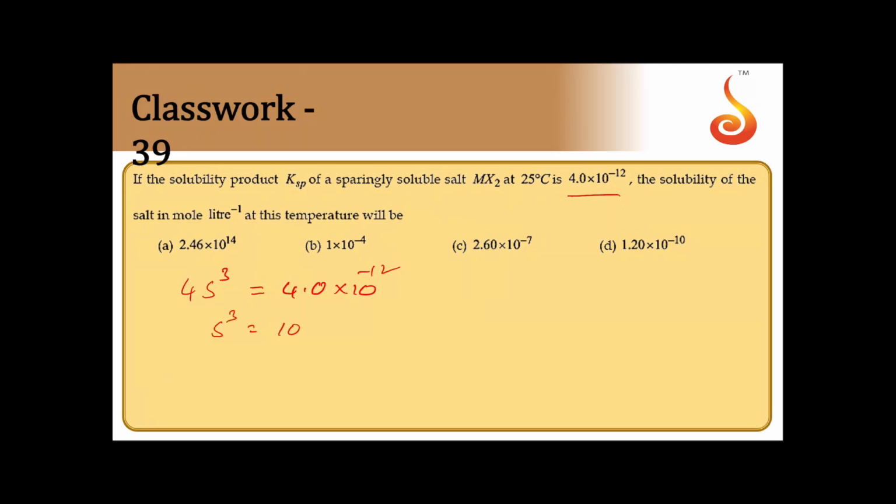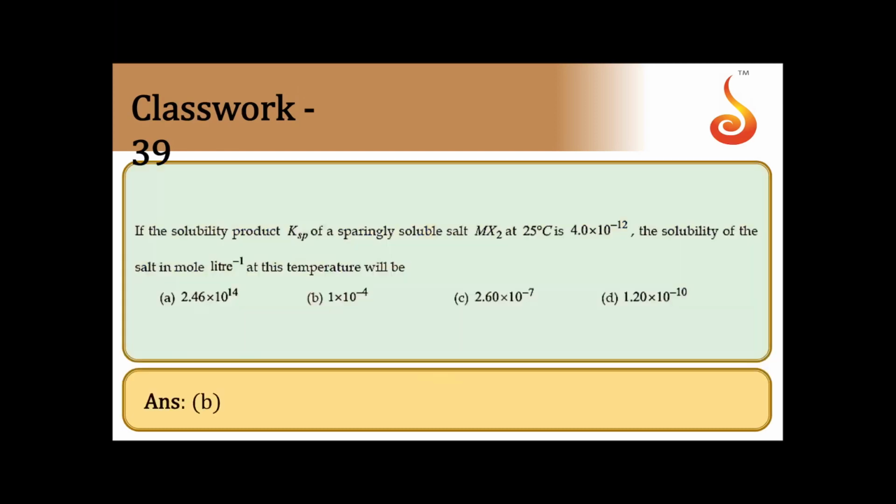Therefore, s cube is equal to 10 to the power of minus 12. s will be the cube root of this value, so the answer is 10 to the power of minus 4. 10 power minus 4 is answer B. So for an MX2 type of salt, 4s cube is the formula for KSP. So we got s cube, and then s is equal to 10 power minus 4. The option is B.